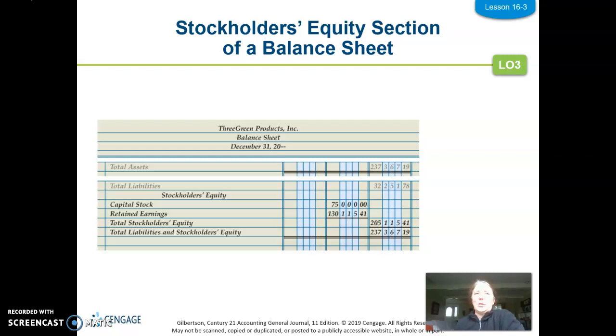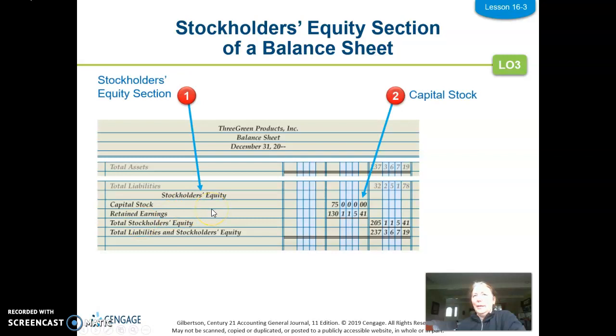And then we get to the stockholders' equity section. So just like assets and liabilities, we center this heading, and then we're going to put capital stock and retained earnings. And again, those amounts are coming from the statement of stockholders' equity. I would write that in my notes.